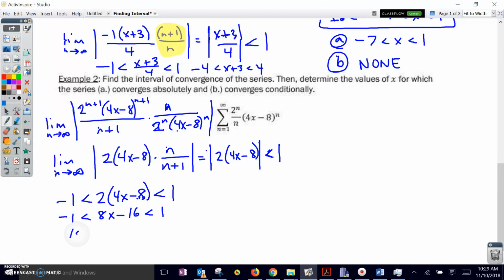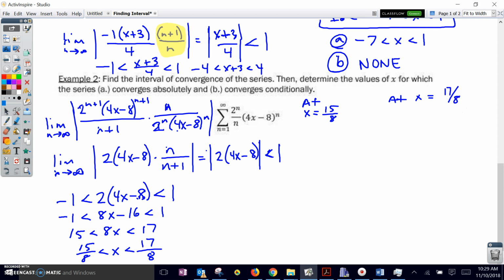Add 16 to all the parts. So there's my base interval of convergence, and now I need to examine what happens at the endpoints. At x equals 15 over 8, and at x equals 17 over 8.